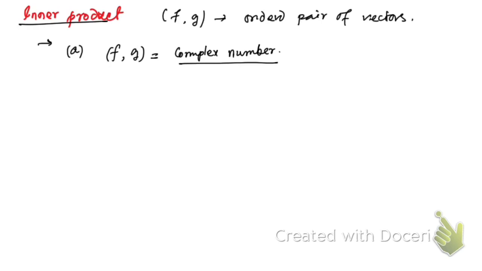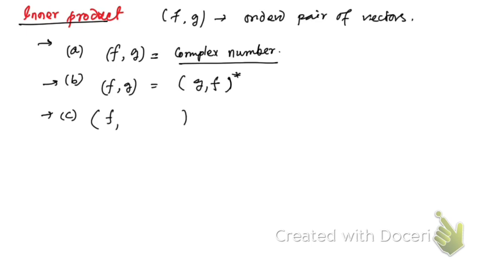Okay. And the next property is the inner product of these two. If you change the order of these two vectors, then these two are not equal. You have to take the complex conjugate of this changed order, right? Now see, suppose this is one vector.